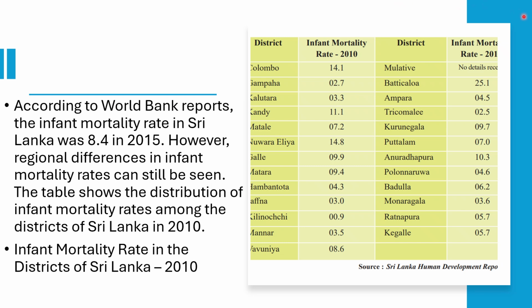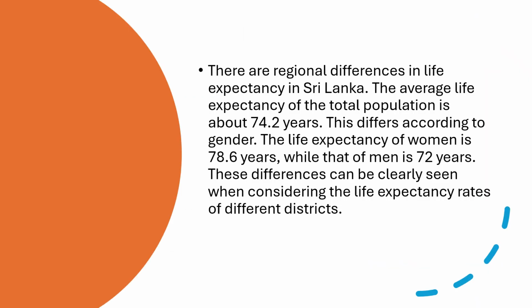It is practically the same thing as the other page. This time we'll take Kandy as the example. District Kandy, and the infant mortality rate is 11.1, and it just keeps going on like that, like in the last table.